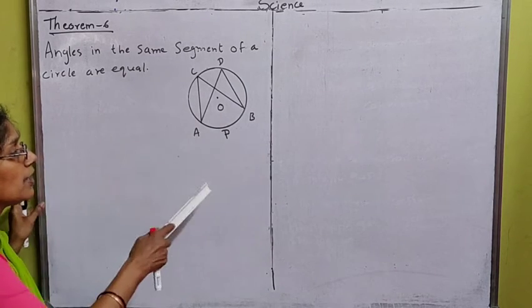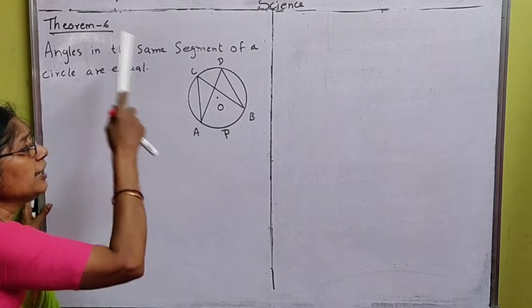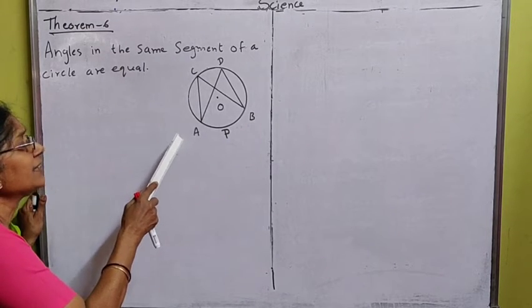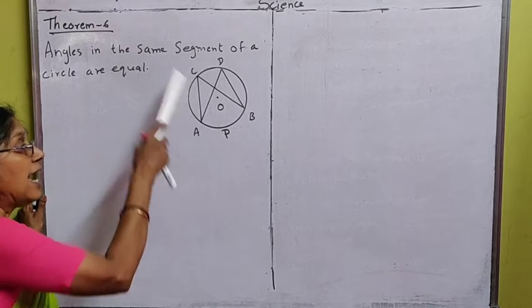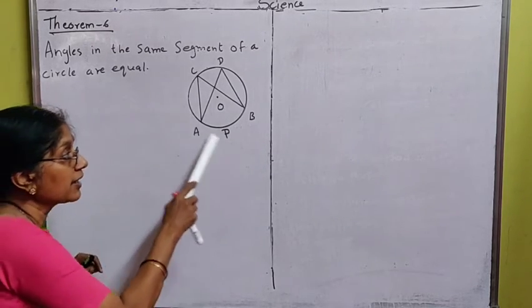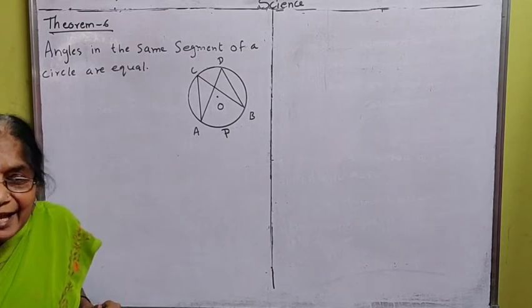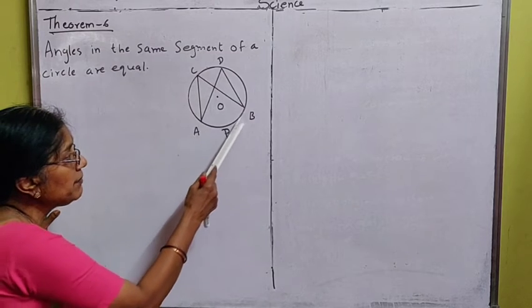So what is given to us? O is the center of the circle and two angles are there. APB is the arc, the same arc. The angle should be subtended by the same arc. You can see APB is the arc.